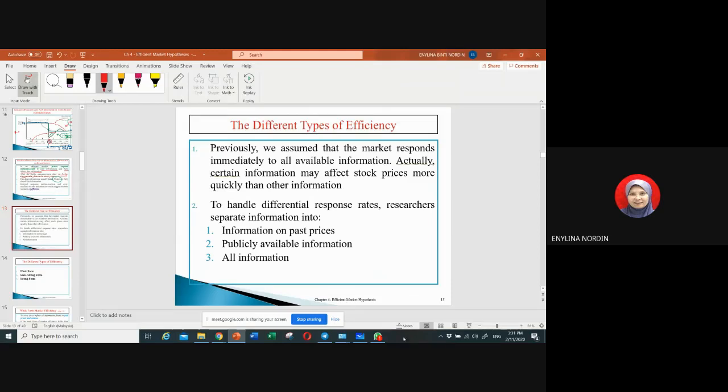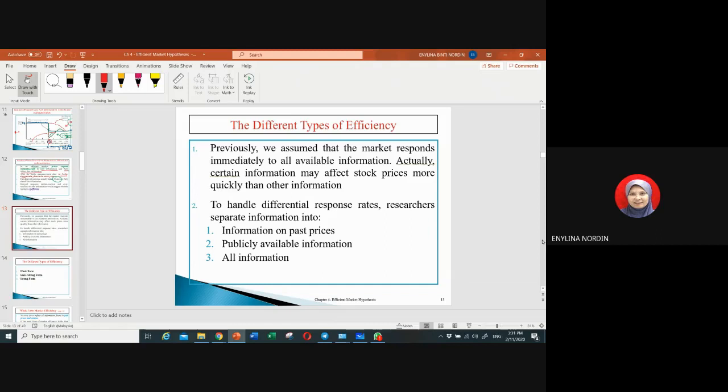Okay, so we continue with the different types of efficiency this time. Now we want to go through the different types of efficiency definition.